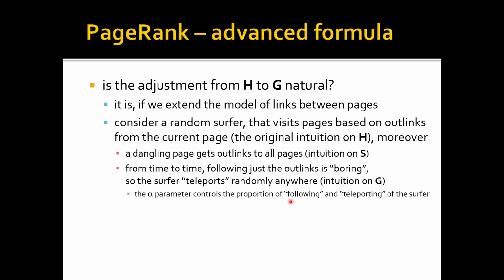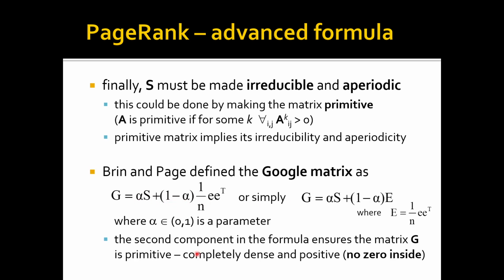And if the parameter alpha, as we can see in the formula, is close to 1, then there is very little of this noise, because then there is 1 minus almost 1, and it will be very small numbers here. So we almost have the zeros in the zero places. But if we have alpha that goes more towards 0, we get more noise here, and basically we allow more randomness in the random surfer concept.